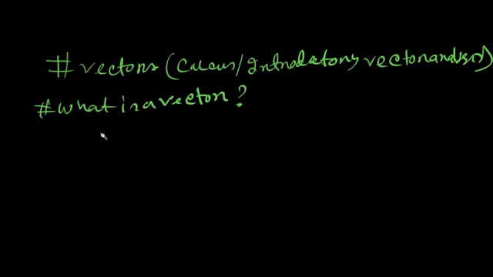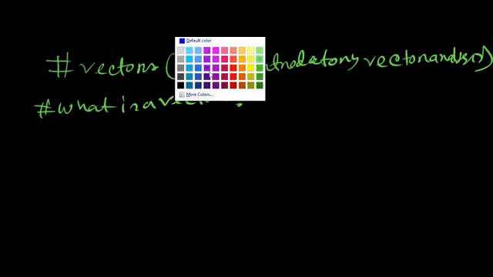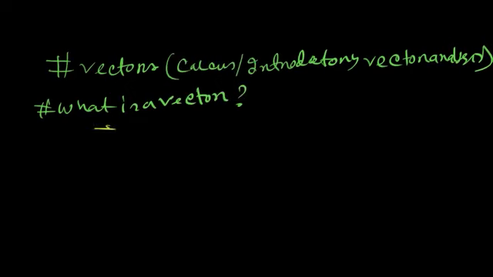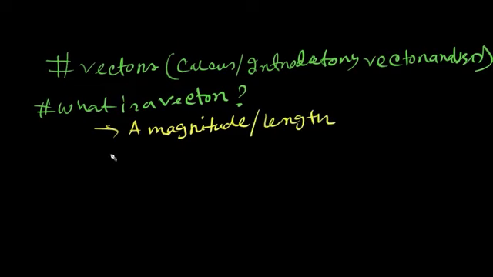The initial idea that comes to our mind is that a vector is something that has a magnitude or length and a direction, right? These are the two properties that we are familiar with from our introductory vector analysis.